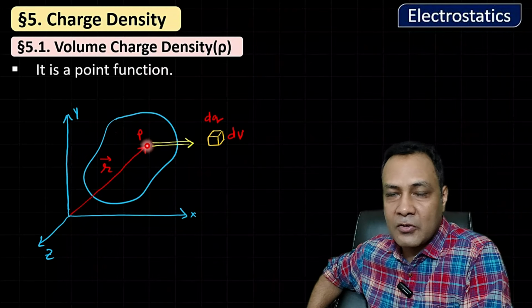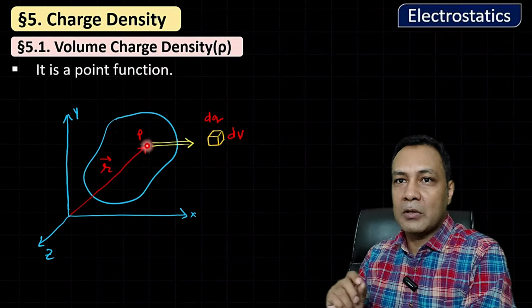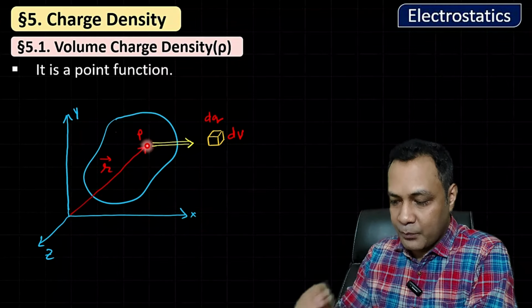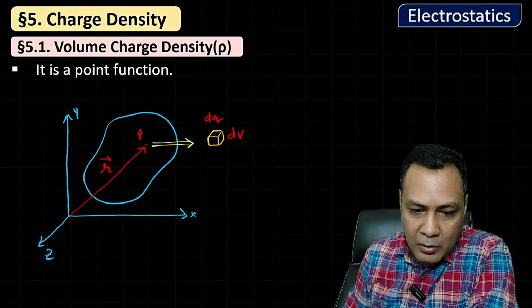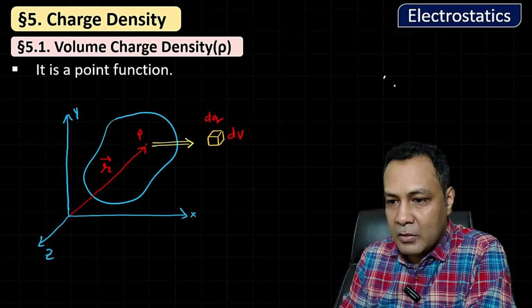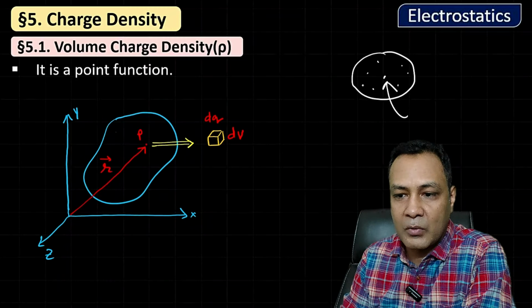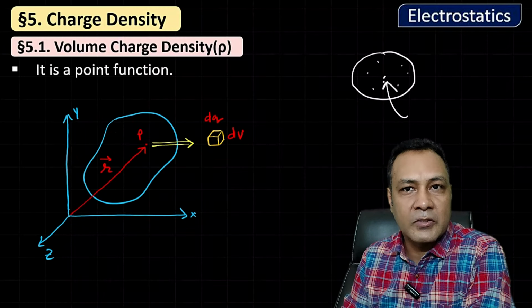So to have a charge, it should have some volume. But if I take a greater volume, the point will be changed. Suppose I talk about this point specifically, and the volume I am giving you is this much volume. In this much volume, there are so many points. So I wanted to define the charge density at this point, but now there are a lot of points there.